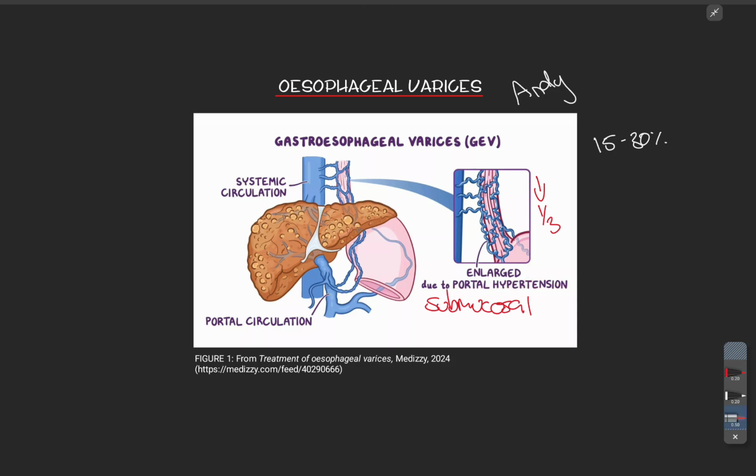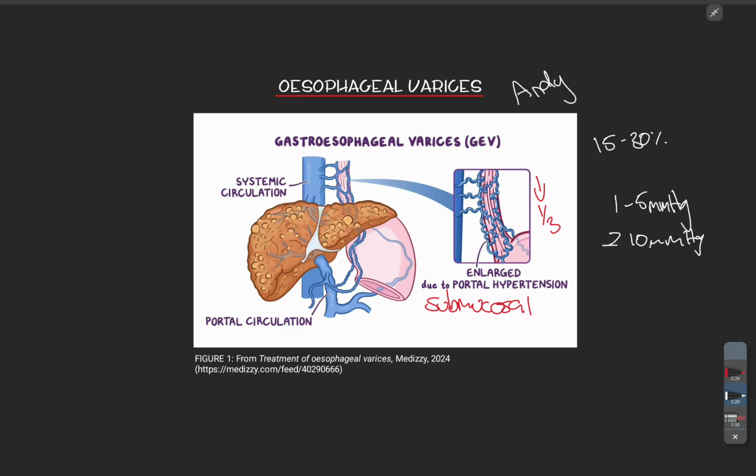Within the system's normal pressure, that is between 1 to 5 millimeters of mercury, veins remain in a state of homeostasis. When the pressure starts to elevate, equal to or greater than 10 millimeters of mercury, the risk of varices developing increases.